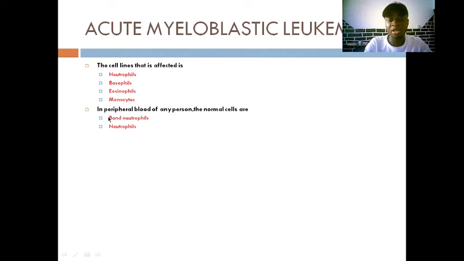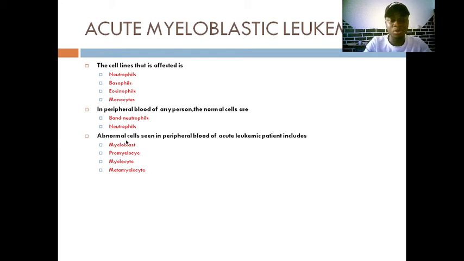And you can differentiate band neutrophils from the hypersegmented neutrophils based on their segmentation. Very important.